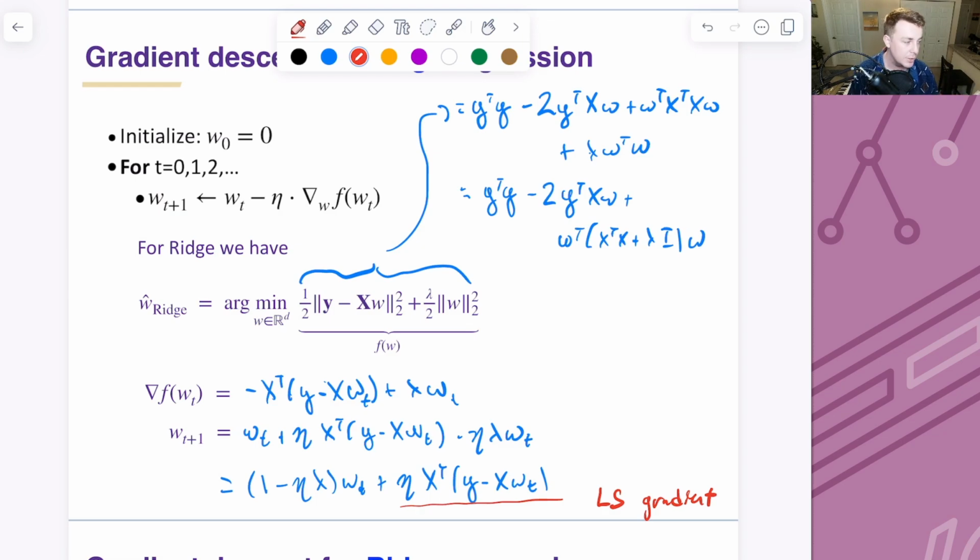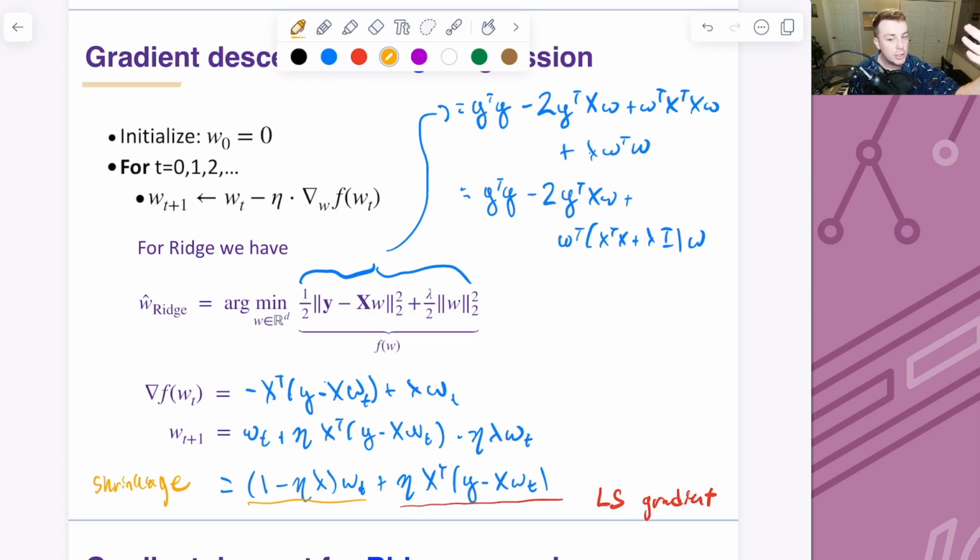However, on the other side, this term is changing w_t by some other factor, 1 minus eta times lambda. What this term is really trying to do is the shrinkage that ridge is trying to accomplish. So this is shrinking the coefficients of w_t to be smaller based on stronger values of lambda.